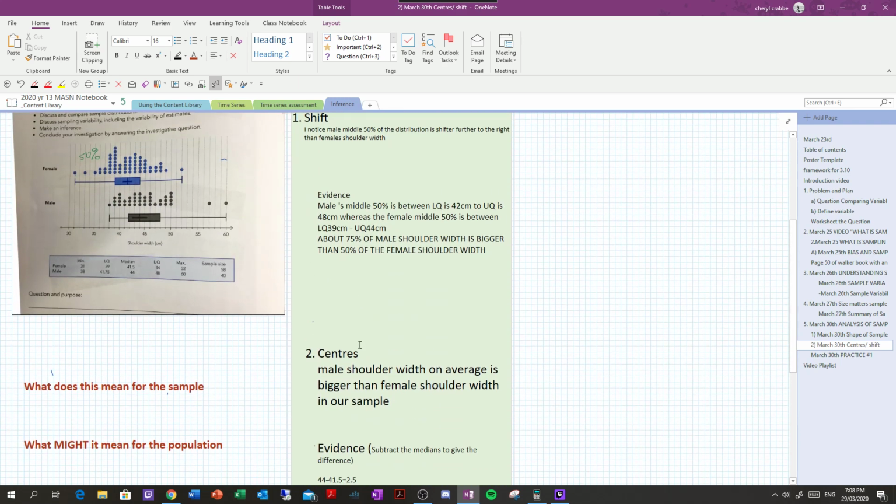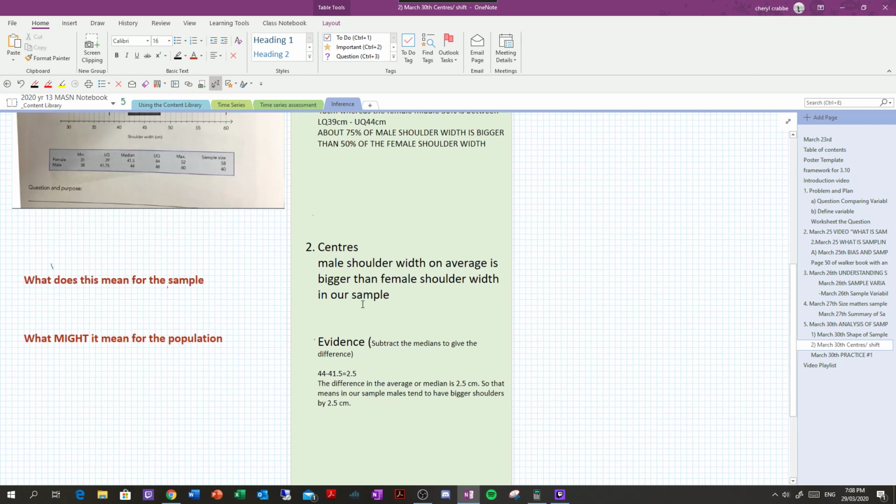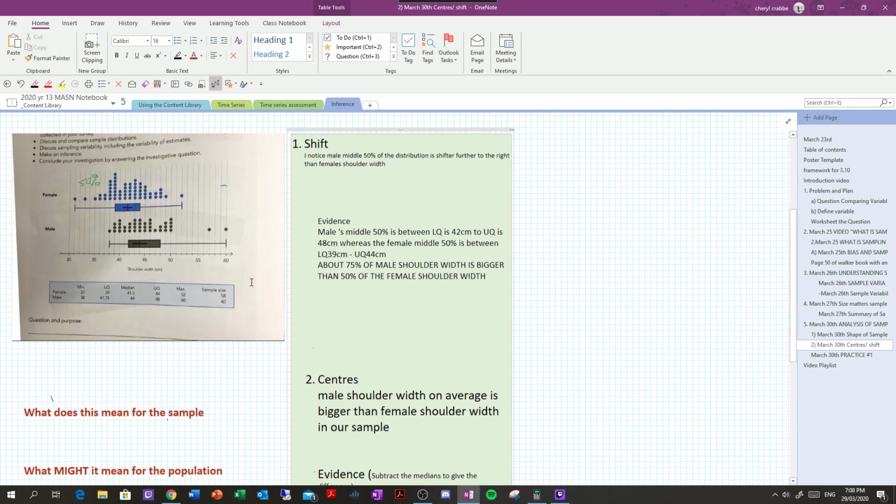Now, what does this all mean? Because remember, we're taking samples and we're trying to make some sort of inference about what's going on back in the population. Now, this is critical because remember sample variability. Remember that if we take a sample, it could very well be wrong and not actually be giving us statistical parameters that are correct back in the population.